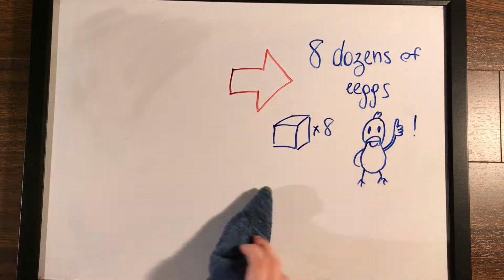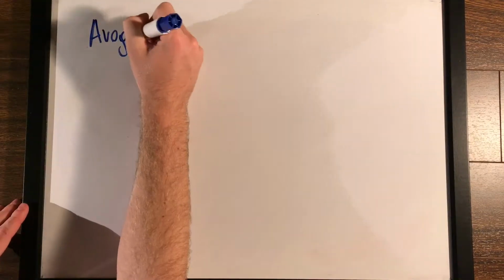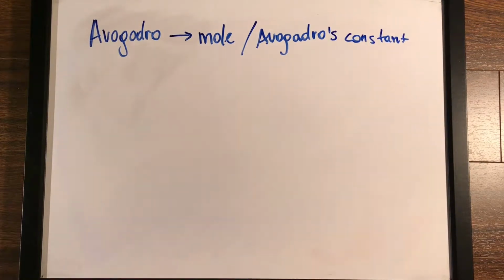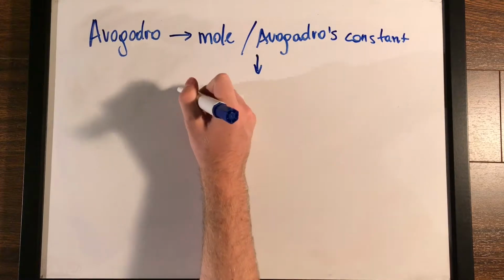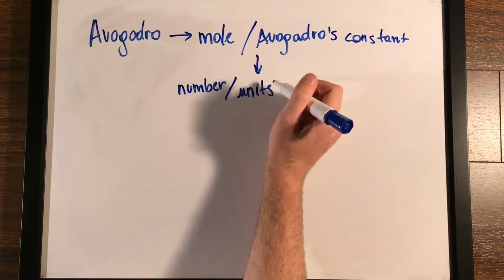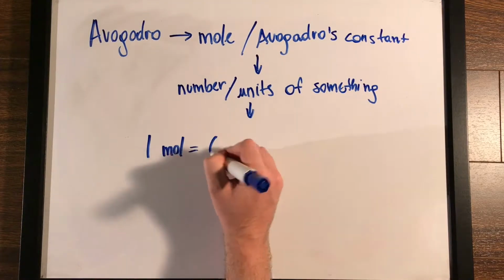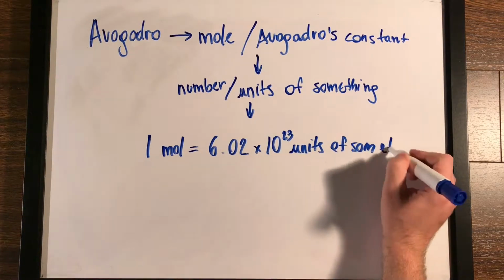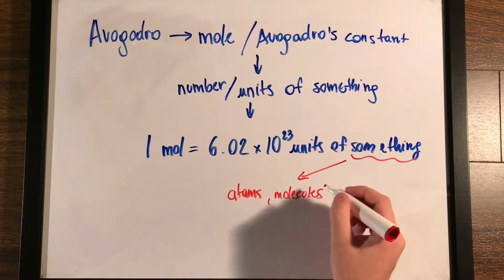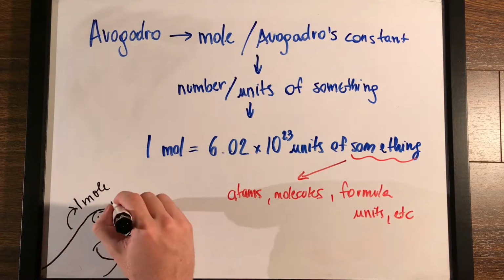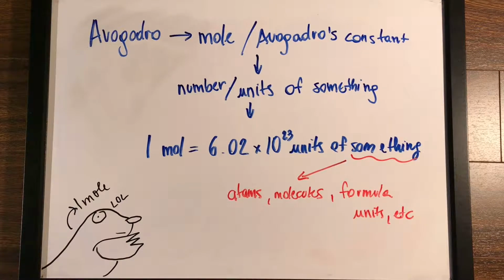It turns out that scientists also love making our lives easier, so this cool guy named Avogadro came up with this amazing concept named mole, or Avogadro's constant, which basically expresses the number or the units of something. Because this number is really big, in fact 1 mole is equal to 6.02 times 10 to the 23rd, it is usually used to count things that are very small, such as atoms, molecules, and formula units.